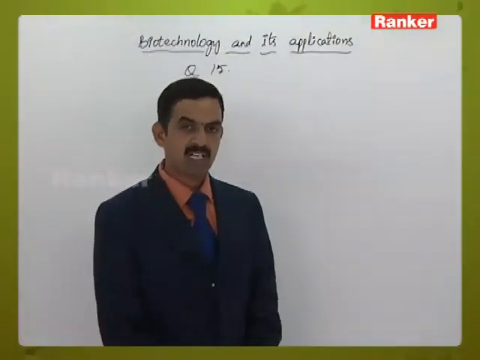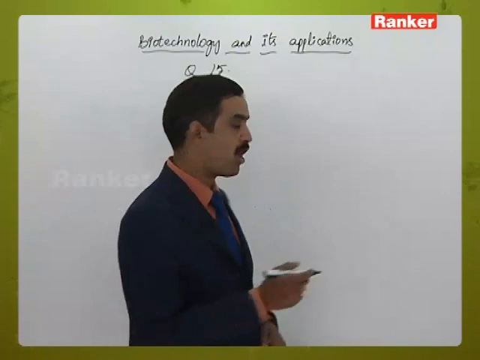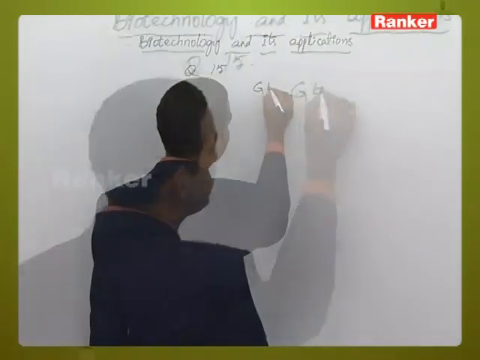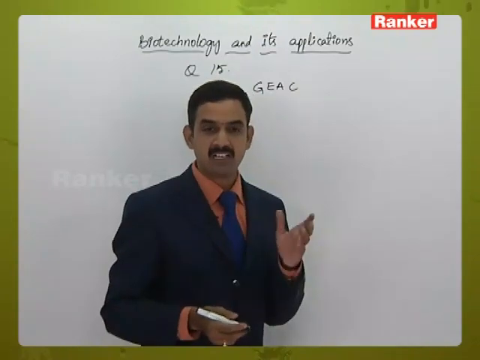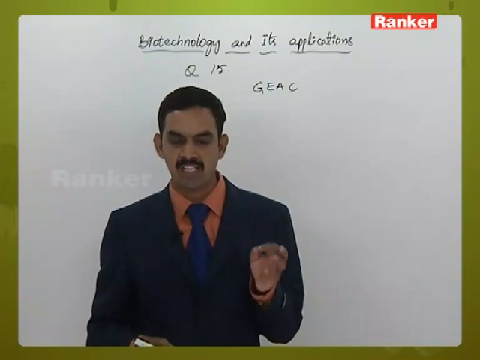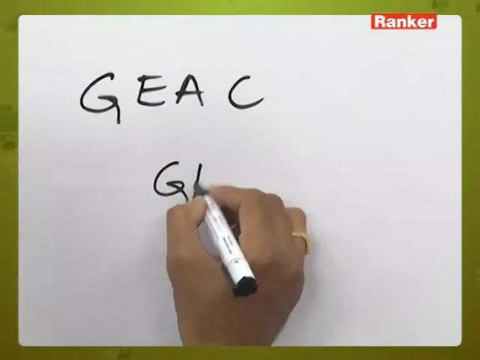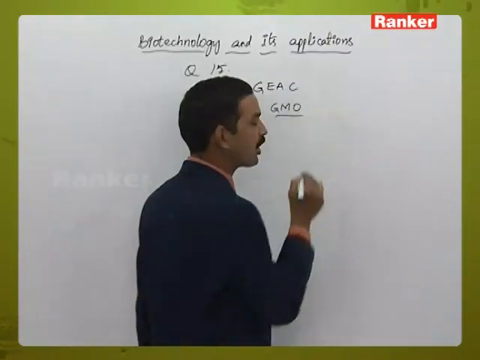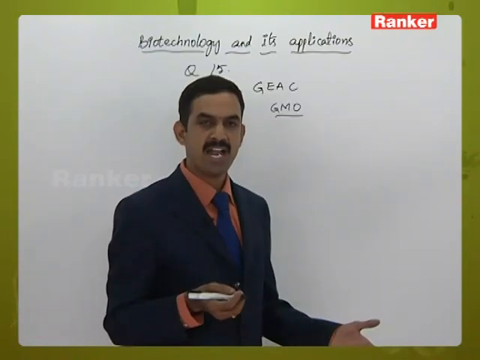So here actually it is related to the biosafety mechanism. Already we said that GEAC, that is Genetic Engineering Approval Committee, will be there. It is concerned with the safety or biosafety of living organisms. We know that genetically modified organisms are there, GMOs, including the crops, that is, production of transgenic animals and also transgenic plants.